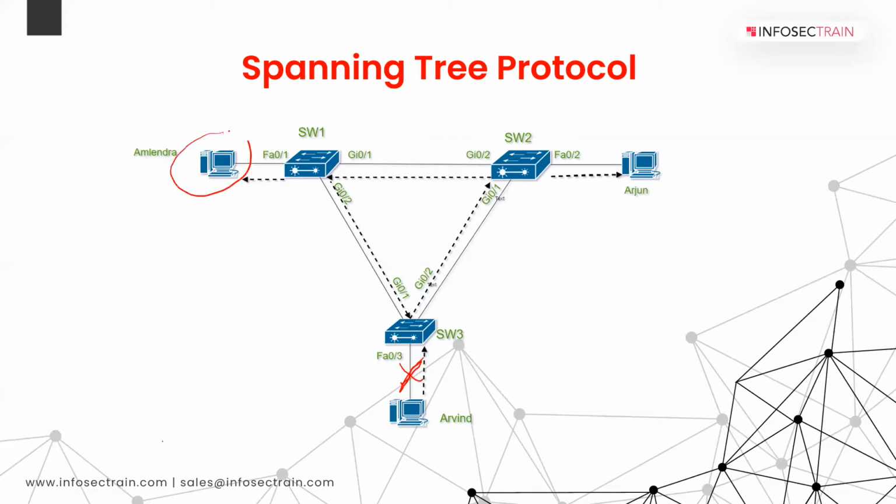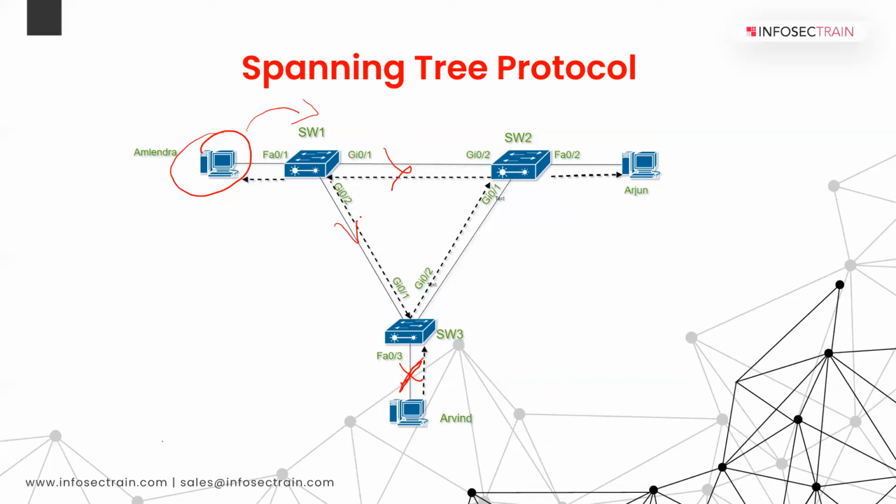What if Mr. Amalendra wants to send data to Mr. Arvind? Mr. Amalendra will send his data to switch 1, and switch 1 does not know where switch 2 or Arvind is. It just knows that there are two wires connected to it. It will just broadcast the data towards these two wires, right?